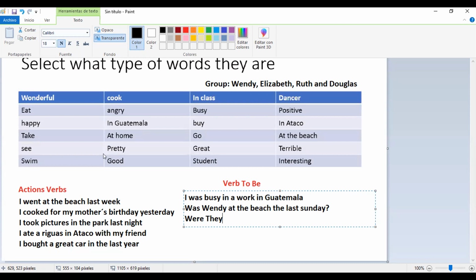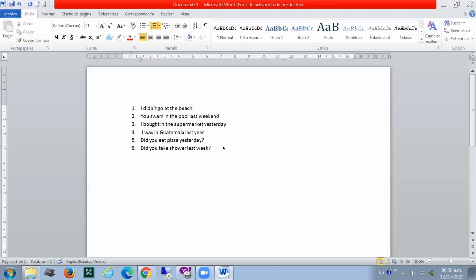Put the verb to be only in the complement. Busy is an adjective in this case. I was busy in a work in Guatemala. Sorry. No problem, but it's a good advice: don't include another verb.